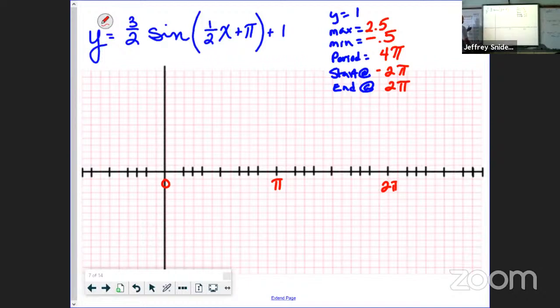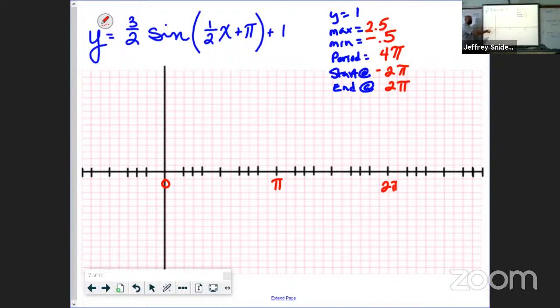At -2 pi, it'd be a midline, right? At negative pi, it would be a maximum. That means this guy right here is going to start on a midline. That's where I'm going to start my graph right now.